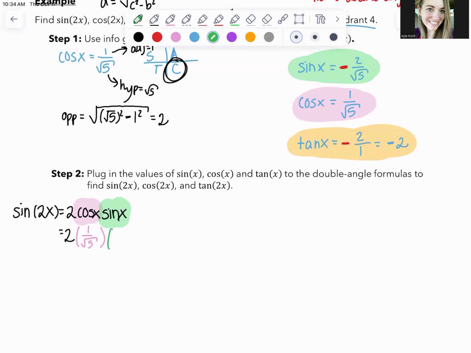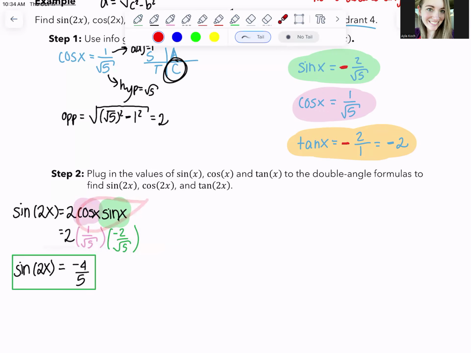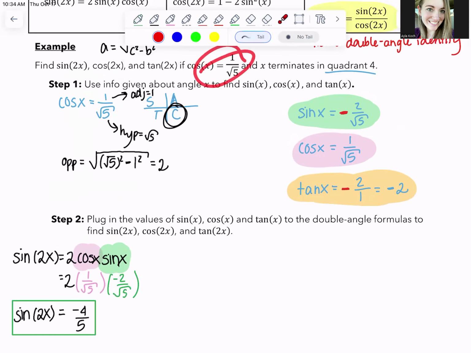Sine is negative 2 over square root 5. Multiply those together, you get negative 4 over 5. Sine of 2x. So again, I just got these values off of the information given to us about angle x.